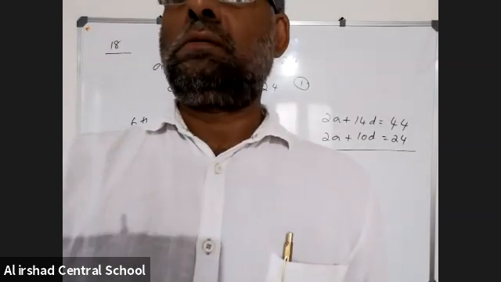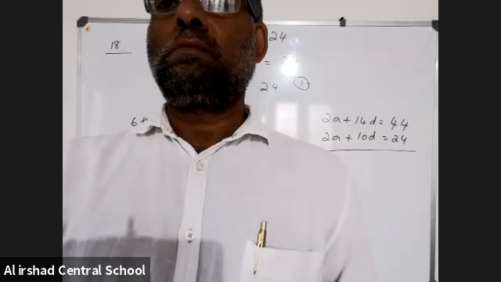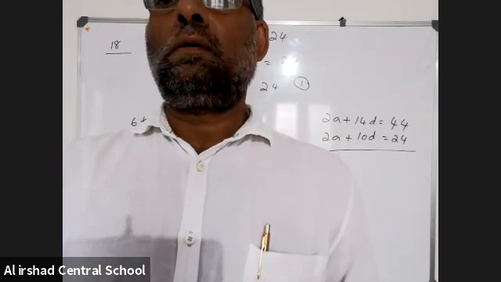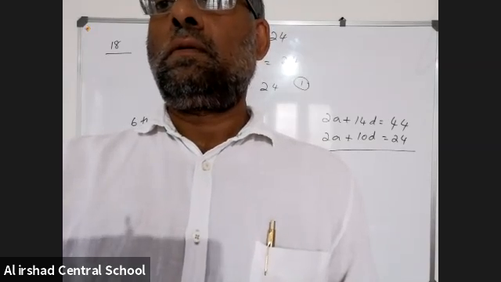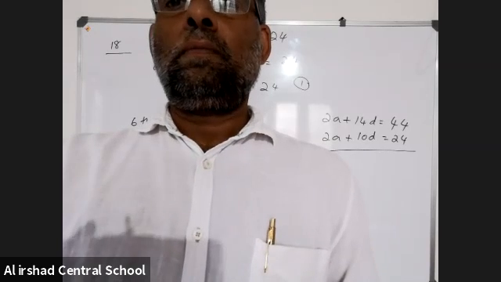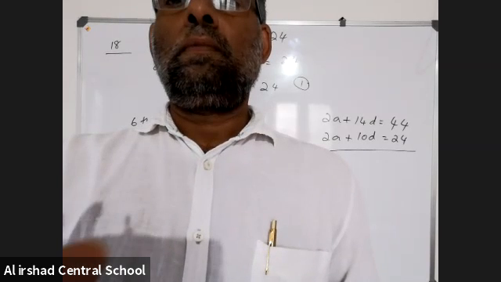Okay, Naja, good. Okay, fine. D is equal to... 2A plus 14D is equal to 44.